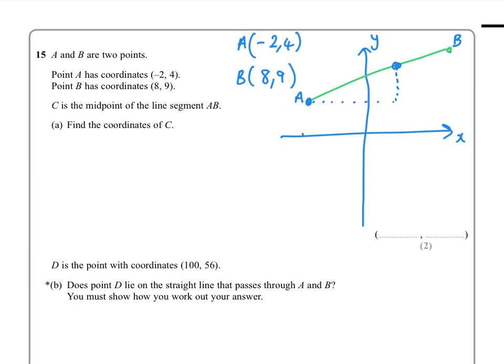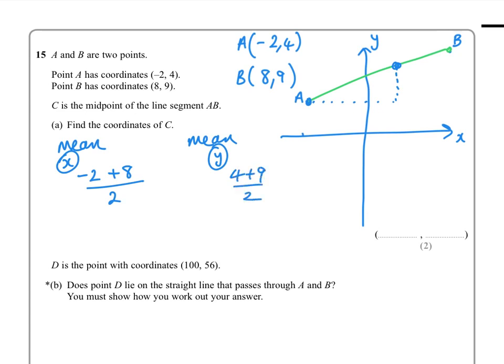And the best way to do that is to do the mean or the average of the y and x coordinates. So if you do -2 and 8, which is the x coordinates, I should say ordinates, and then halve them, that's the mean of those, so that's the mean of the x's. And if you do the mean of the y's, then you'll have 4 and 9 halved.